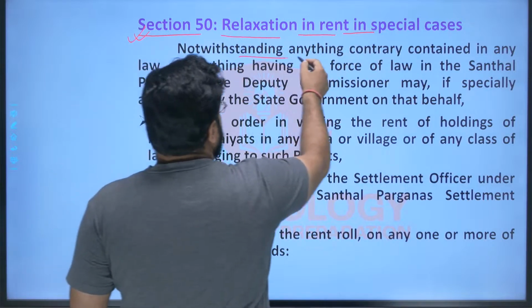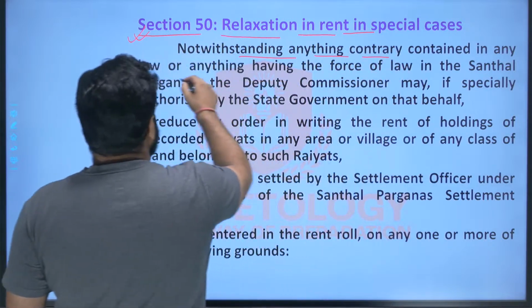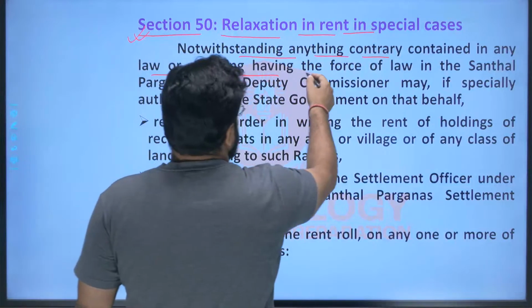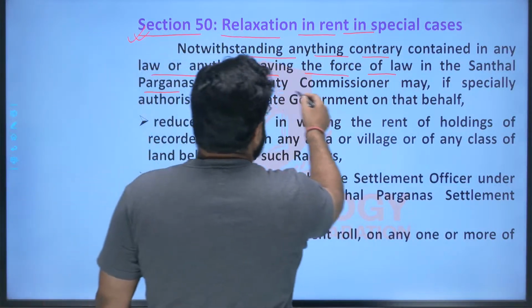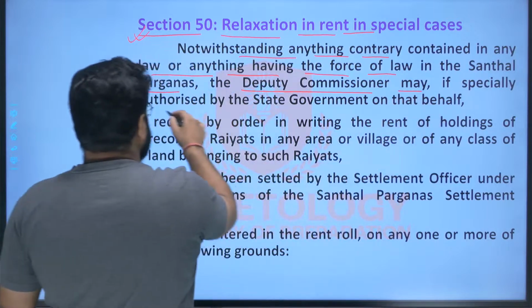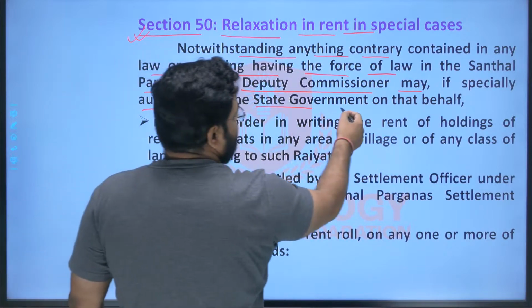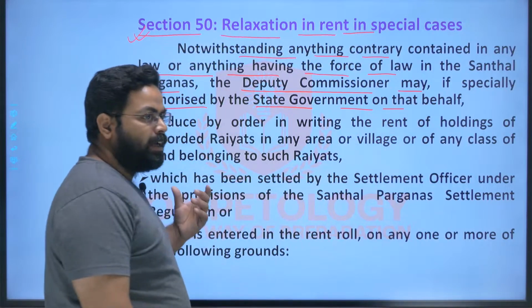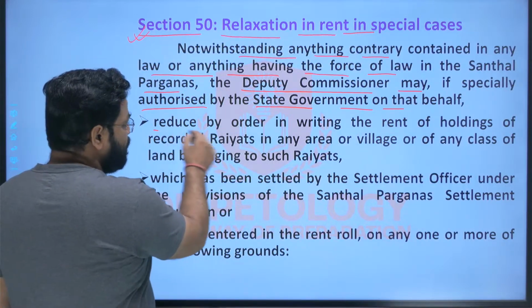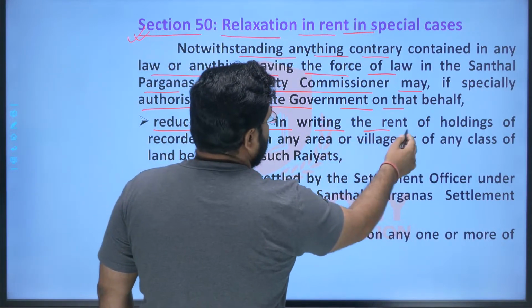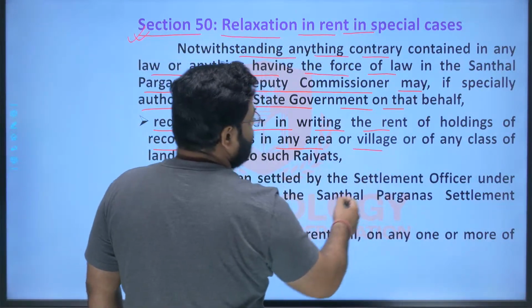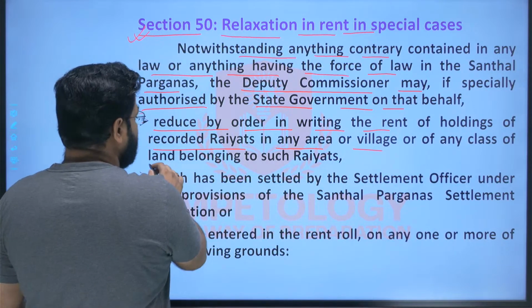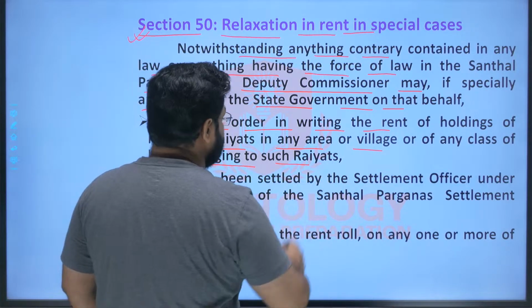So notwithstanding anything contrary contained in any law or anything having the force of law in the Santhal Parganas, the DC may, if specially authorized by the state government on that behalf, reduce by order in writing the rent of the holding of the recorded Rayyat in any area or village of any class of land belonging to such raiyat.